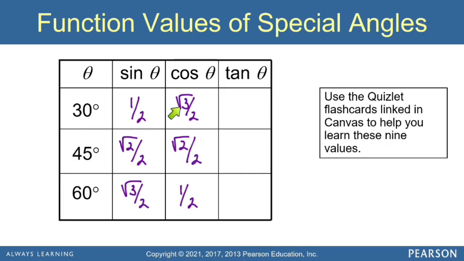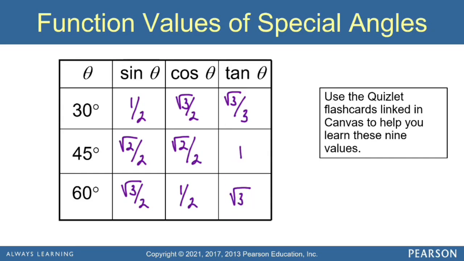So we start with square root of 3 in the numerator, and then it goes to square root of 2 and then 1. Now tangent also grows as the angle grows. So we start with 30 degrees with a tangent of square root of 3 over 3, and then for 45 degrees we know the tangent was 1, and then for 60 degrees we know the tangent is square root of 3. So look, we go from a fraction with value less than 1 to exactly 1 to square root of 3, which we know is more than 1.